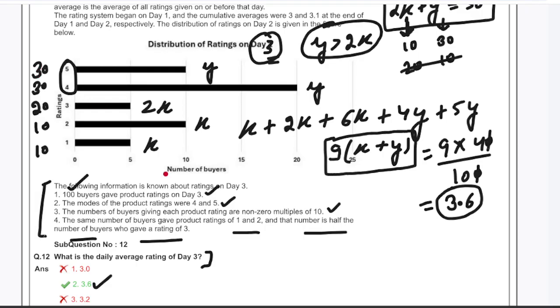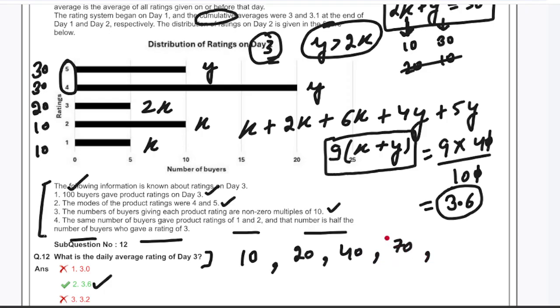Median means central value, that means 50 and 51 by 2, and the cumulative frequency, like in the last question we had cumulative averages. If I put them in ascending order, it gets 10 plus 10, 20, 20 plus 20, 40, and then 41 to 70.